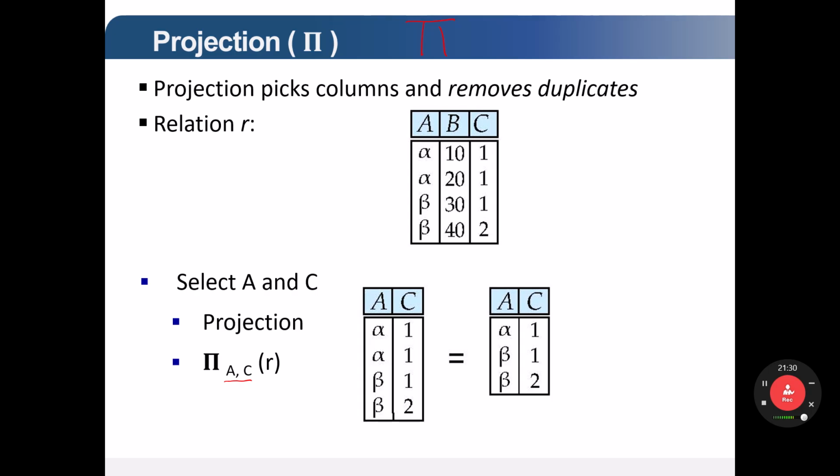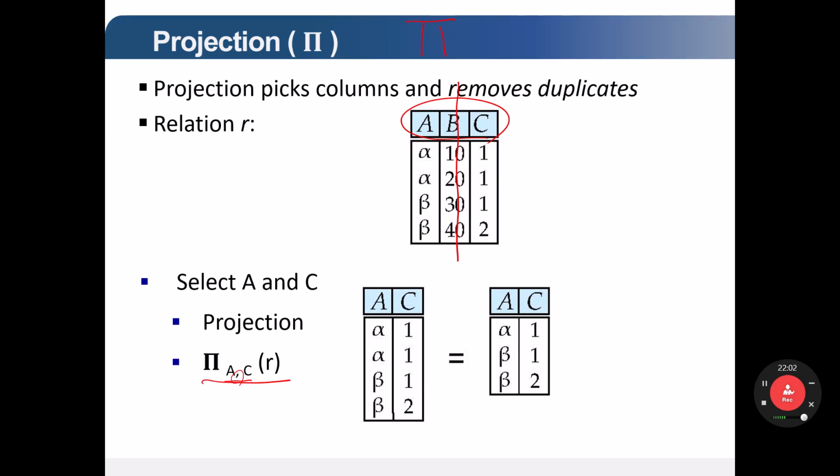And those attributes must be separated by commas as shown in this bottom example. So what it does is it eliminates attributes that are not listed as a subscript. So here we currently have 3 attributes, but if you look at this algebra, it has only A and C. That means attribute B should be eliminated in the output relation.